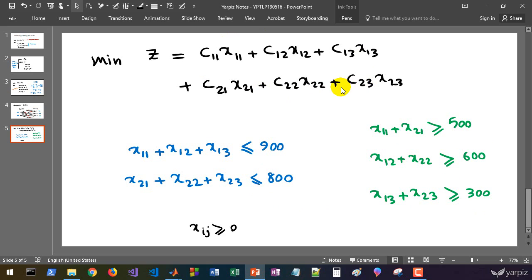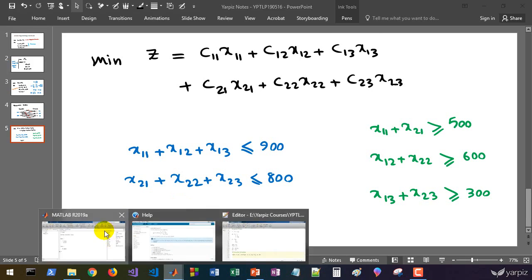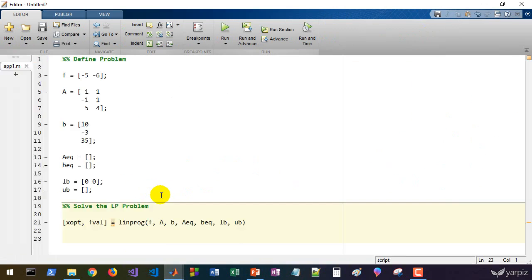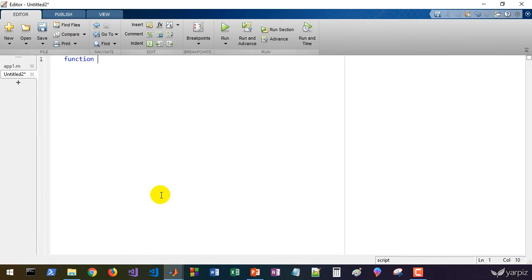And let's define the function, and the function will return the matrices needed to define the linear programming problem, as linprog needs. Let's create a function which returns the problem.